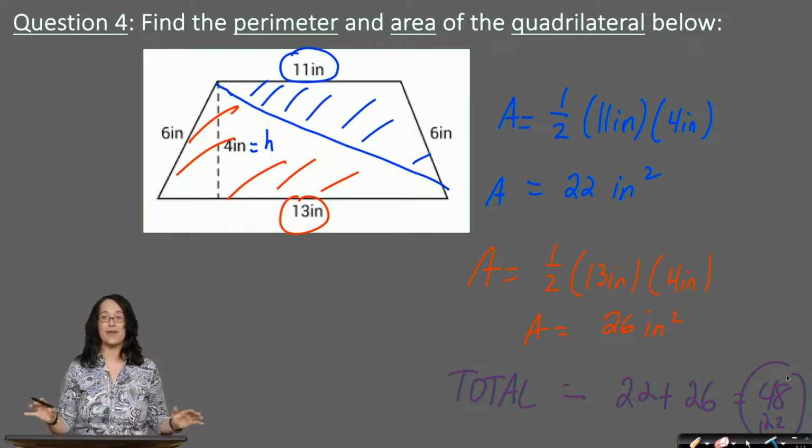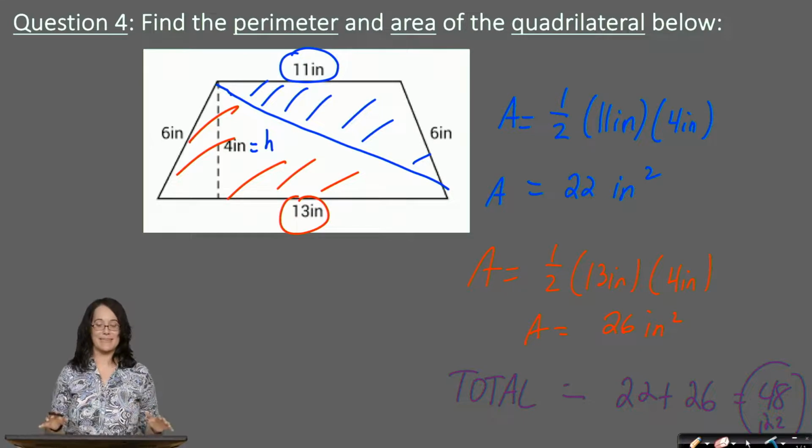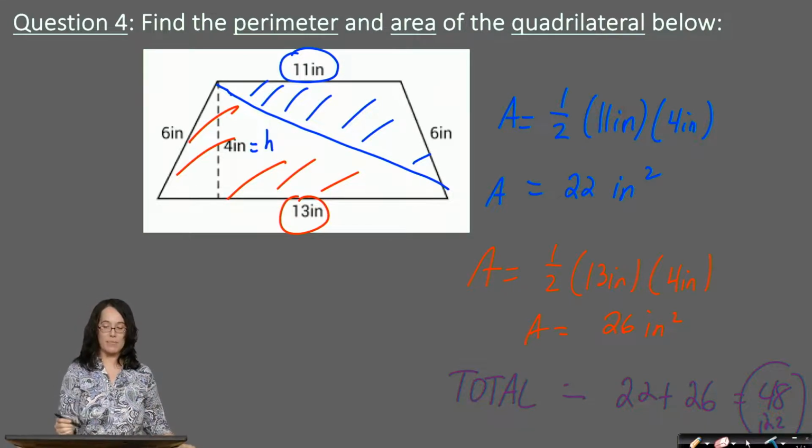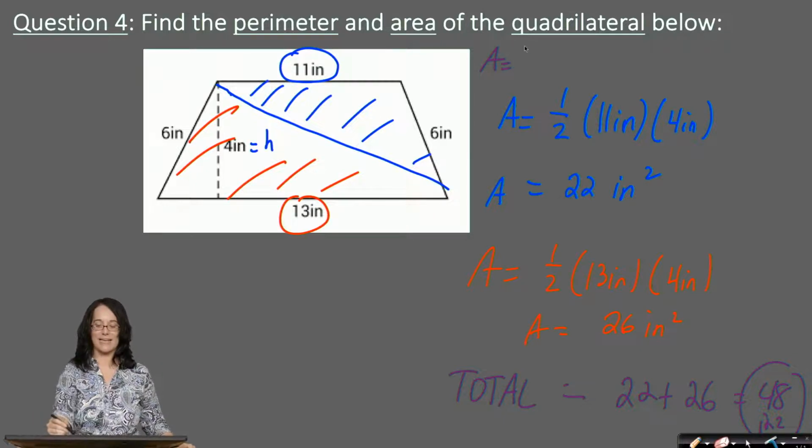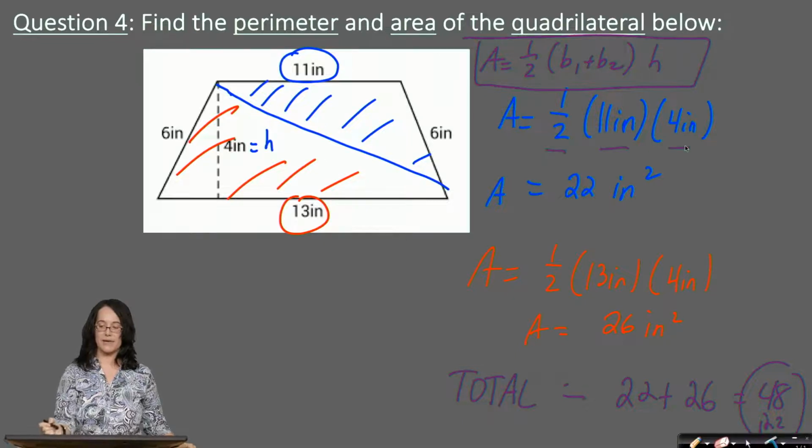So if you forgot the formula for a trapezoid, you could still get this answer right, carefully. But if you remember the formula for a trapezoid, it should have been, and you can see why in a second, 1/2 the sum of the bases, base 1 plus base 2, times the height. Okay, so where did that come from? Well, notice here we did half base height. So this was like your base 1. And then here we did half base height.